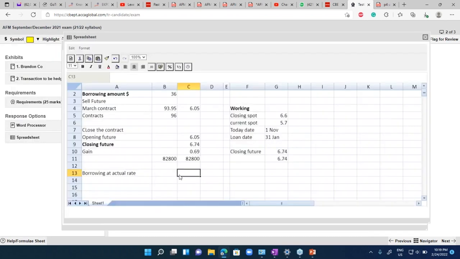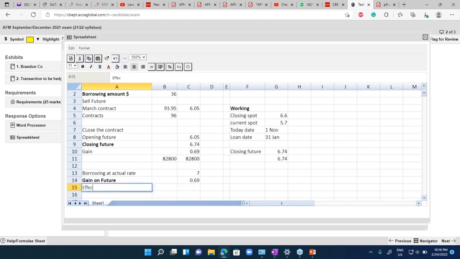So now what is the base rate, guys? Base rate is 6.6% plus 0.4. So borrowing at actual rate is 7. Now the market moves to 6.6; 5.7 was the previous rate. Gain on future is 0.69.